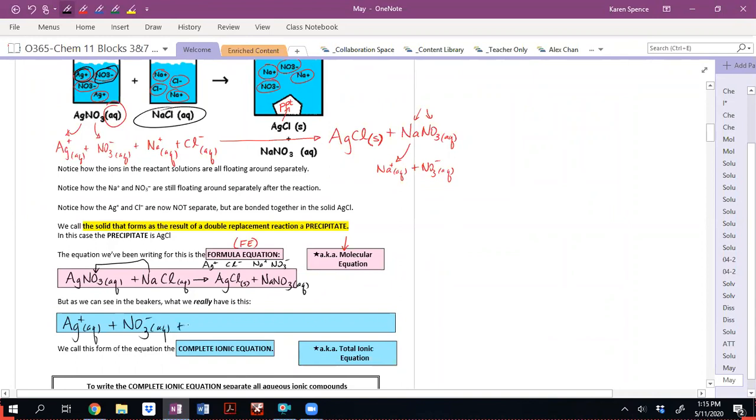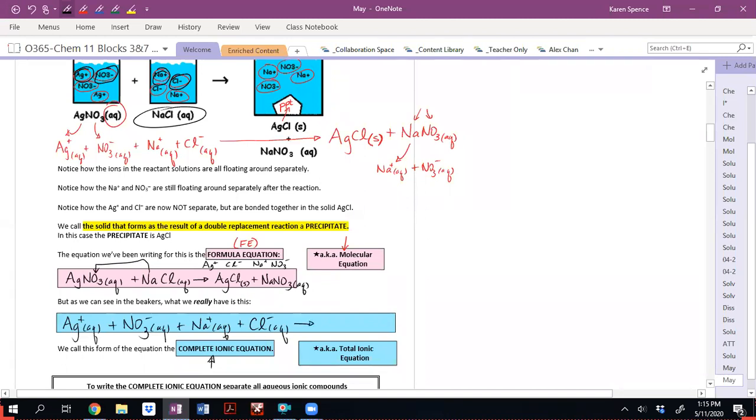I also have my sodium chloride, which is aqueous, and whenever it is aqueous, those ions float around separately. So to write the complete ionic equation, which is what this is, we separate our ions. So Na plus, aqueous, is separate from Cl minus, aqueous. Okay?